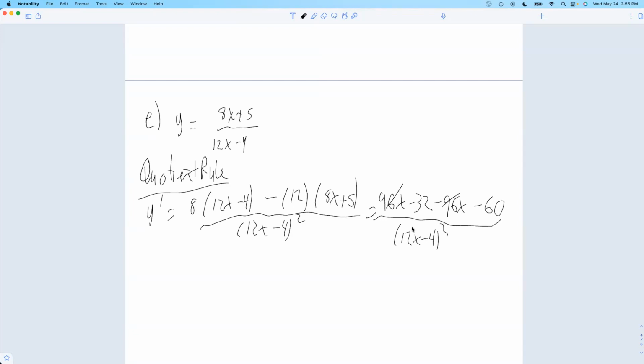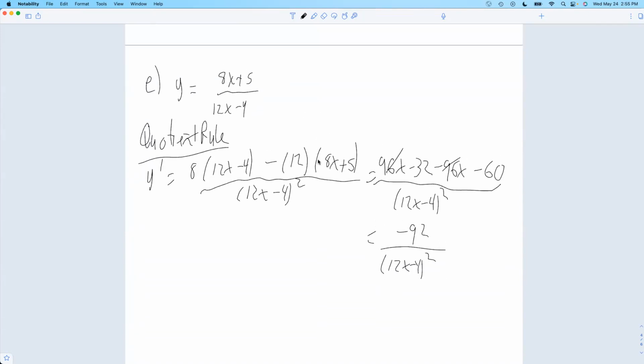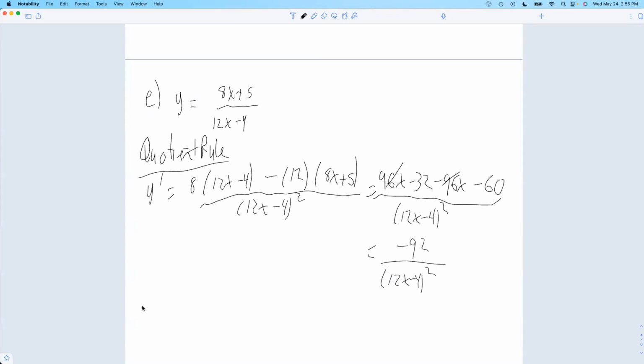Those just happen to cancel. And I think we get negative 92 over 12x minus 4 squared. That's using quotient rule.